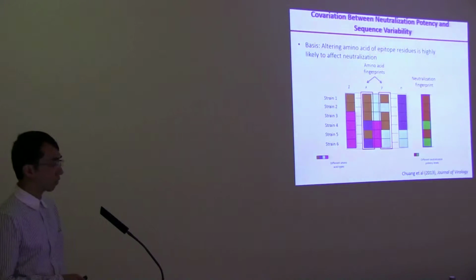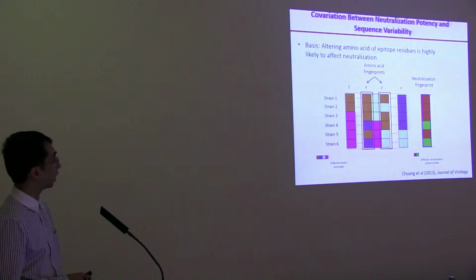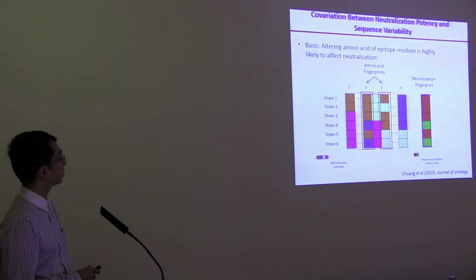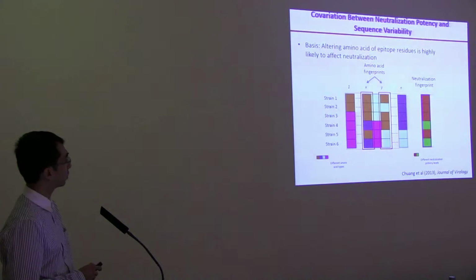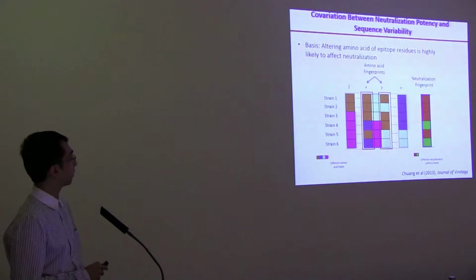The method we came up with for predicting antibody epitope residues is to analyze the covariation between neutralization potency and antigen sequence for diverse viruses.